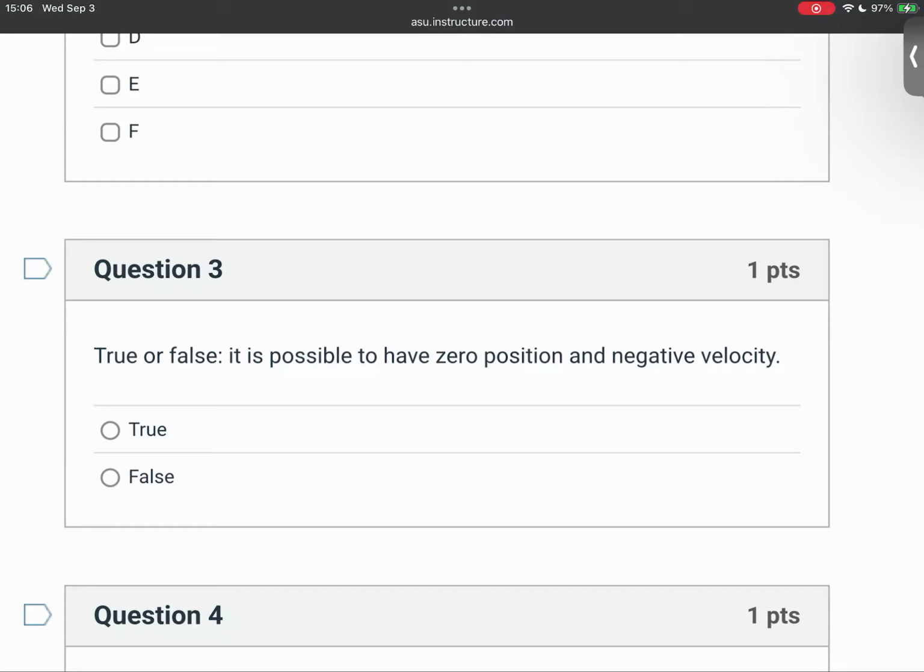Its position was changing, even though its position at that instant was zero. Now, when my acceleration is non-zero and my velocity is zero, at that instant I was not moving, but I was changing my velocity. A turnaround point has, at least at that instant, you're not moving.